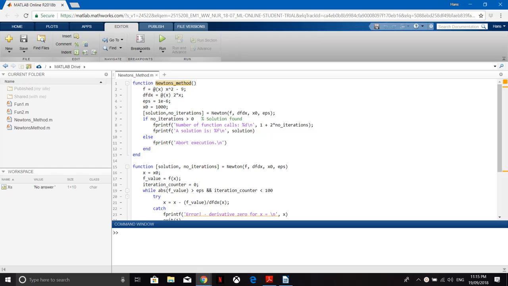Okay, so we are now on our experiment, and we want to write a program for implementing Newton's method where we avoid the division by 0, allow a maximum number of iterations, and avoid extra evaluation of the function f(x).